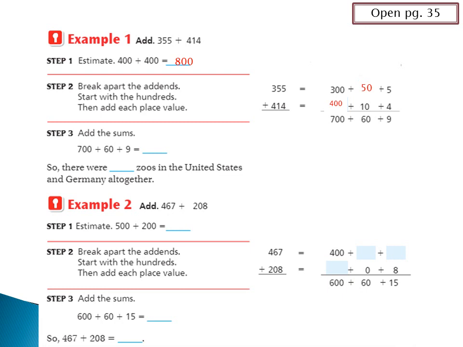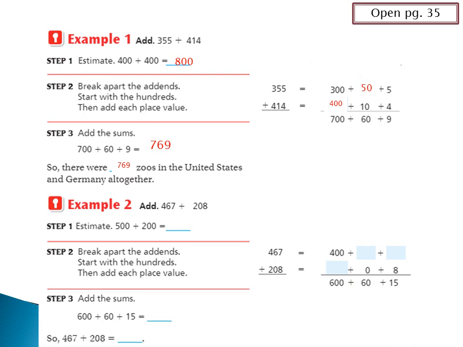Step 3. Add the sums. 700 plus 60 plus 9 equal 769. So there were 769 zoos in the United States and Germany altogether.